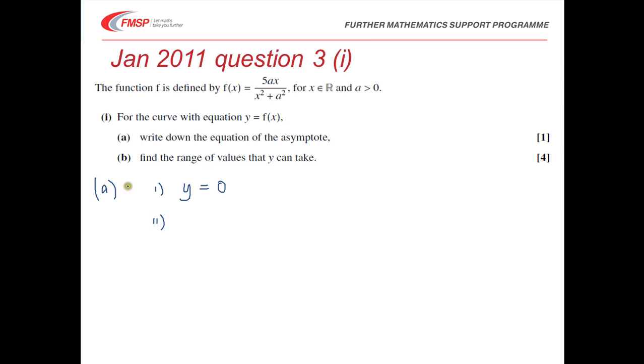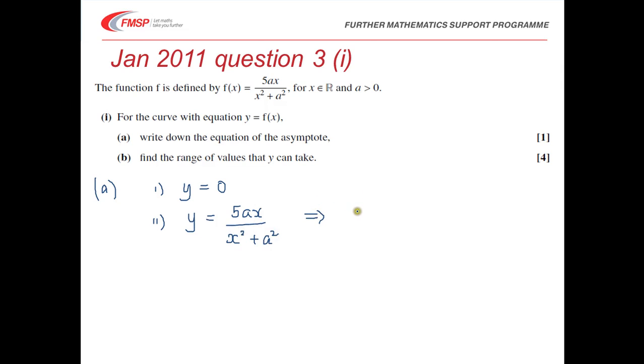And then in part b it says, find the range of values that y can take. Now there are different ways of doing that, and one could do it by differentiation, but I think that the easiest way to do it is to take our function and write it as a quadratic in x.